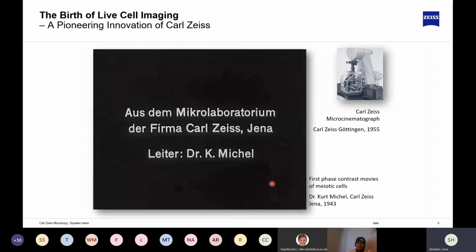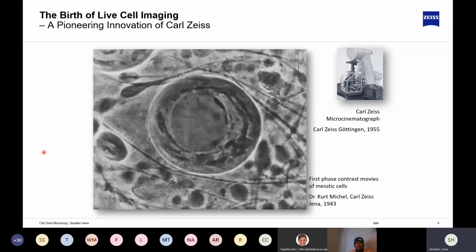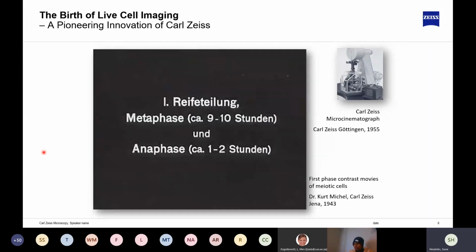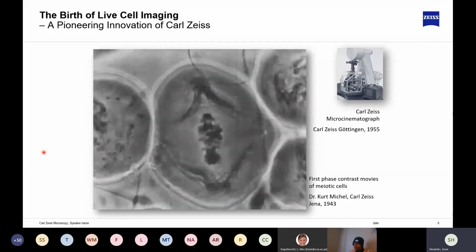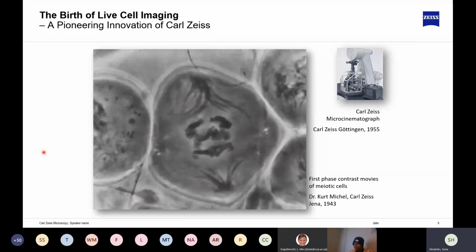Now I'm going to show you one of the very first movies that was taken with a system in its very first development stage. So in the 40s, people were already interested to see how cells work and what happens inside cells.